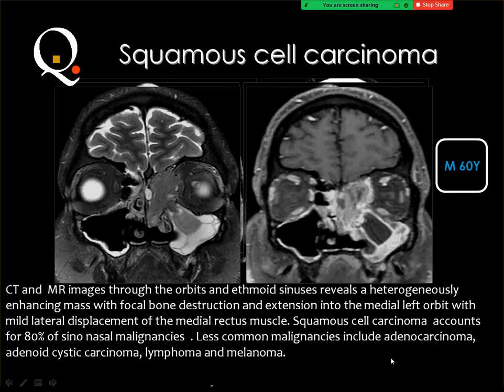Squamous cell carcinoma is the most common malignancy in the head and neck, and you should think of this as carcinoma until proved otherwise, because of the aggressive nature of the lesion with destruction of the ethmoidal air cells as well as invasion of the orbit.